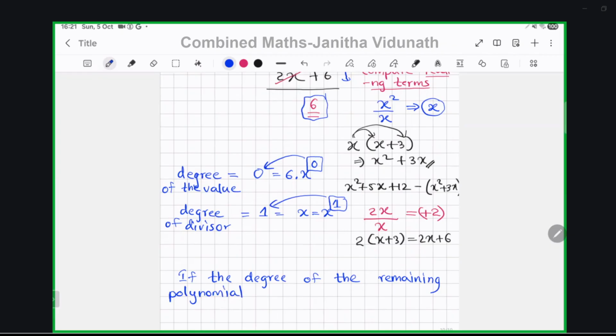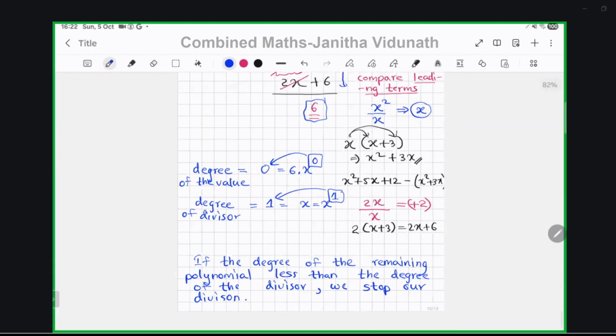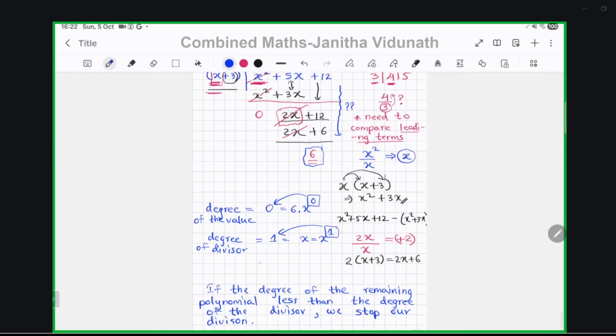If the degree of the remaining polynomial is less than the degree of the divisor, we stop our division. This is the rule for stopping the division of polynomials. Now, here 0 is less than 1, so we stop our long division.